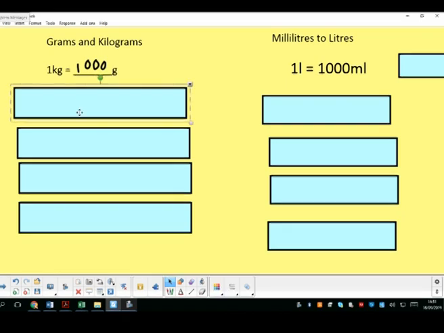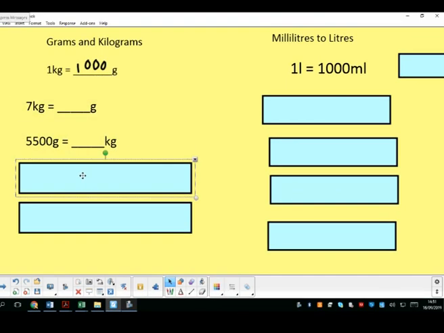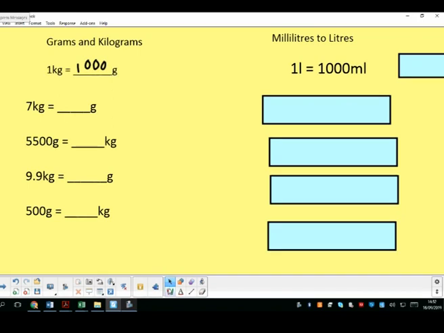So again, we'll just go through these. So if you've got 7 kilograms, again, to go from kilograms to grams, we multiply by 1,000, so that's 7,000. To go from grams to kilograms, we divide by 1,000, so 10, 100, 1,000 gives us 5.5.